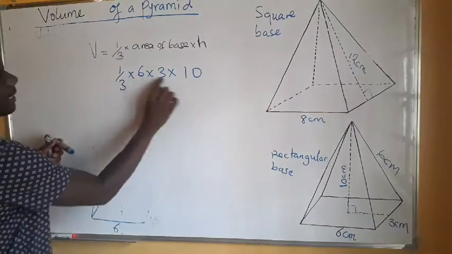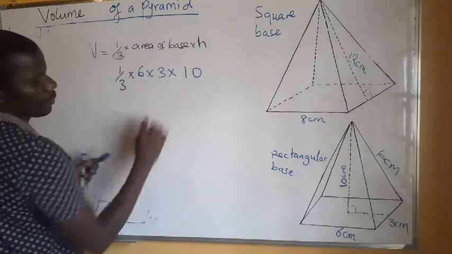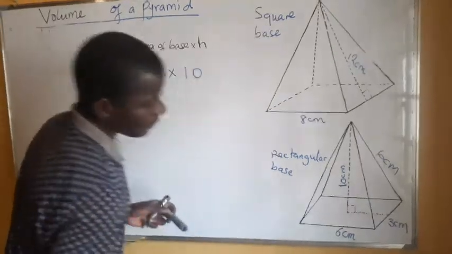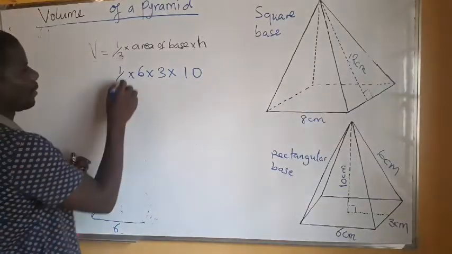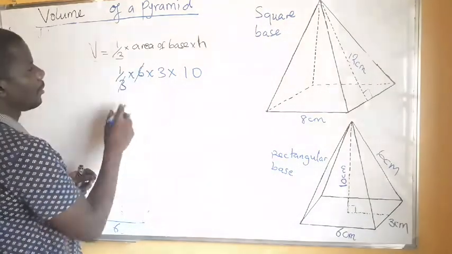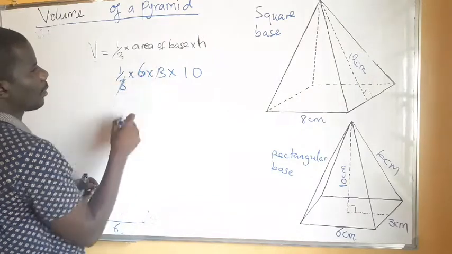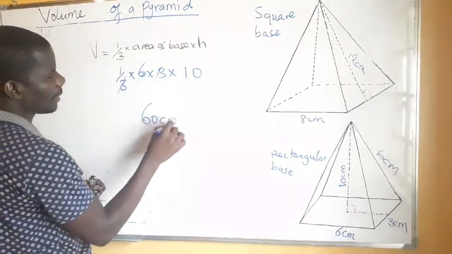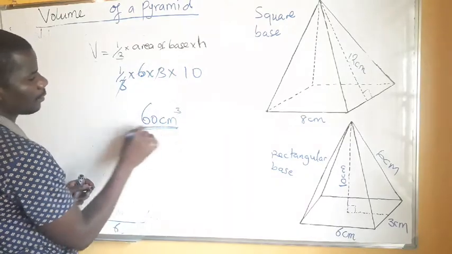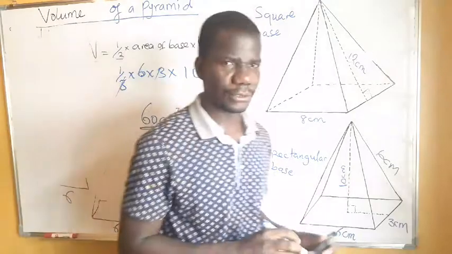These two give us the area of the base, because our base is a rectangle. We can cancel the 6 and the 3 here, so we have 60 centimeters cubed. This is what is going to be our volume.